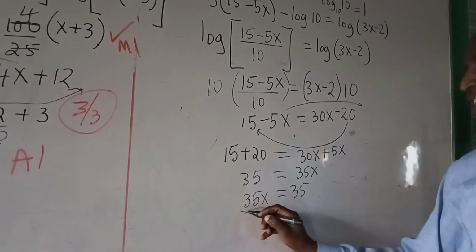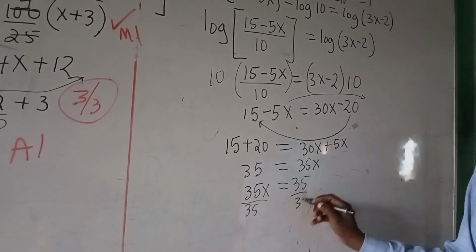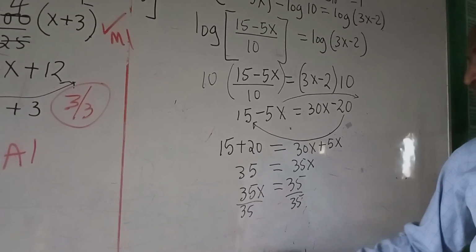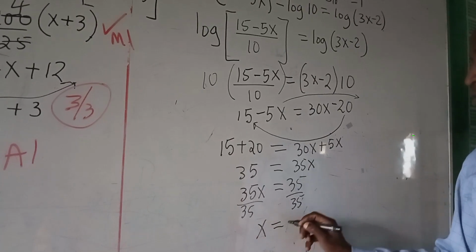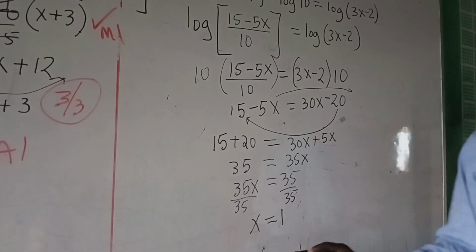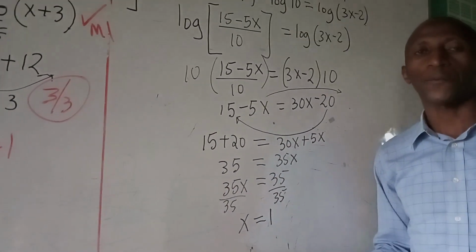We divide both sides by 35 and we are able to get that the value of x is equal to 1.